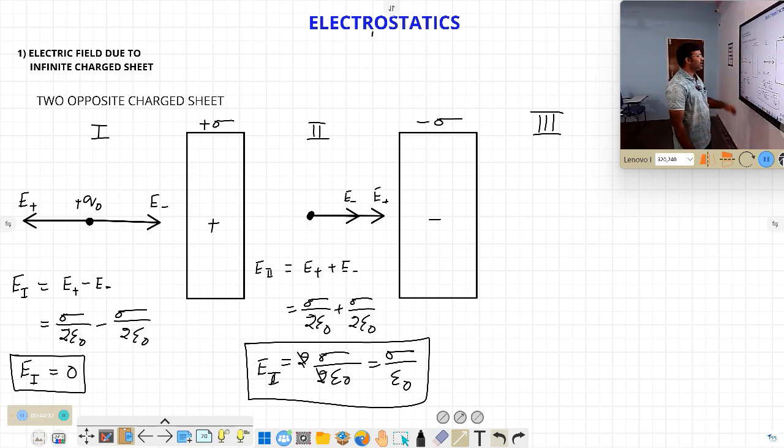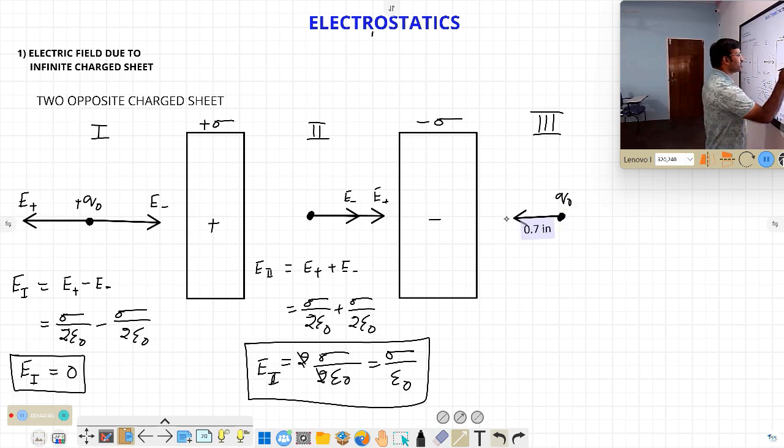So there is an electric field intensity present in between. Now, what about the third region? Here, the test charge Q naught is attracted by the negative sheet, so there is an electric field intensity due to the negative charge in this direction. The positive sheet repels, so this is the direction of the repulsion due to the positive charge, E plus.